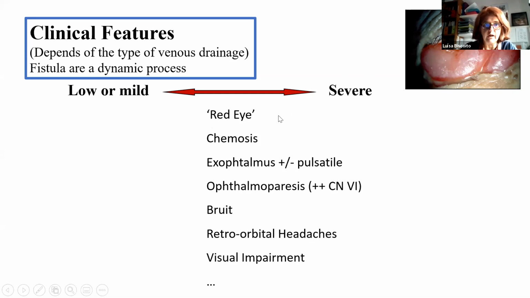The most frequent are red eye, chemosis, exophthalmos more or less pulsatile, ophthalmoparesis more on the sixth nerve, and the consequence of diplopia, bruit, retroorbital headaches, visual impairment, and of course, if they have cortical venous drainage, they can have neurological symptoms like seizures or more aggressive hemorrhage or edema.